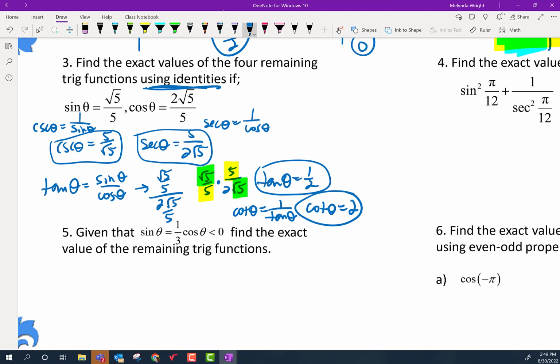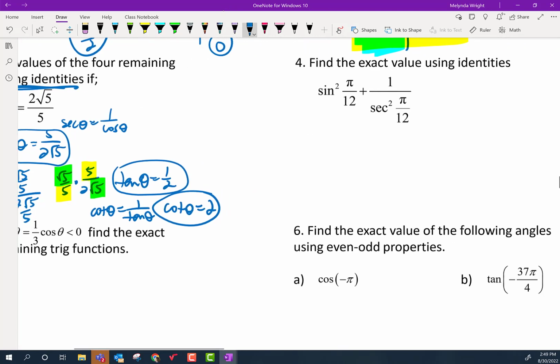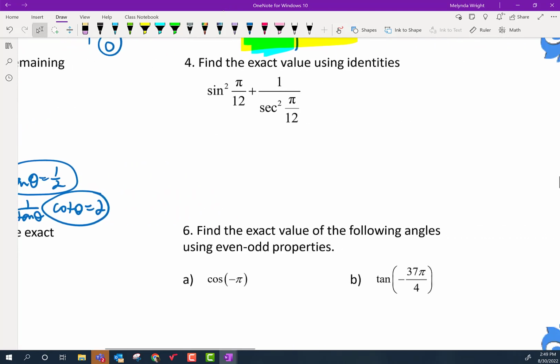Okay, let's move to number 4. Now this one is kind of interesting, in a little bit of a crazy way. I want to focus on this. This looks like a big mess right there. I'm going to leave that alone for a second. We'll just copy down sine squared pi over 12. I don't really want to mess with that yet, but 1 over secant squared, that's an identity, right?